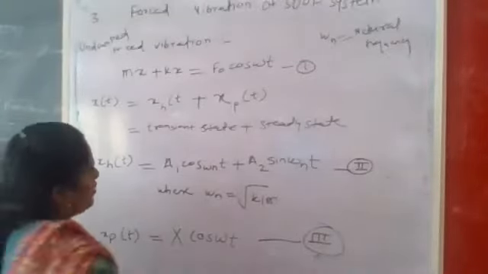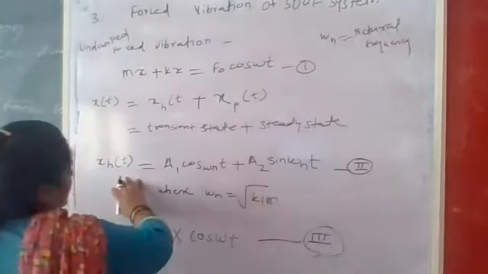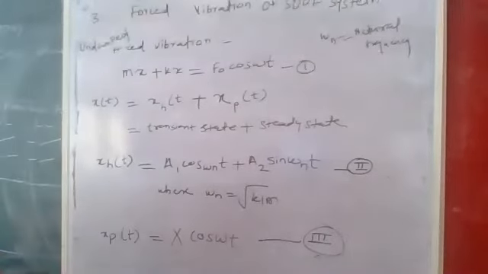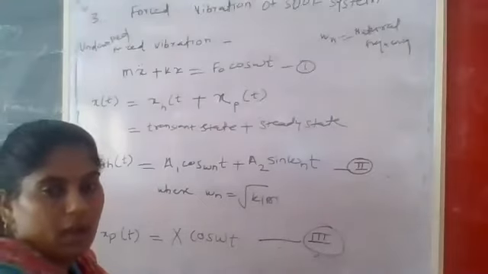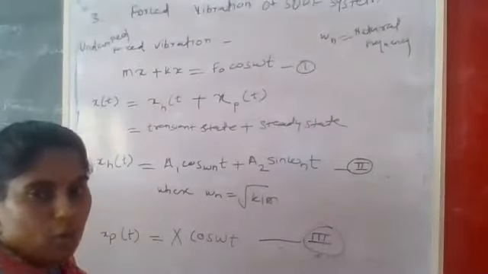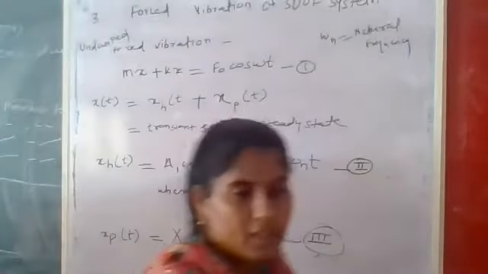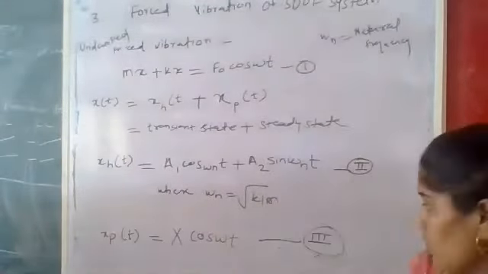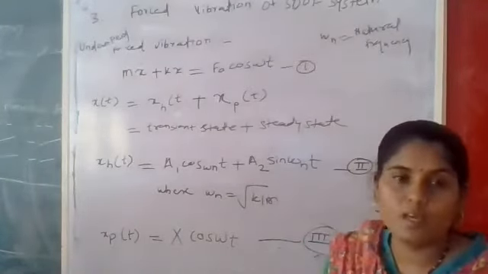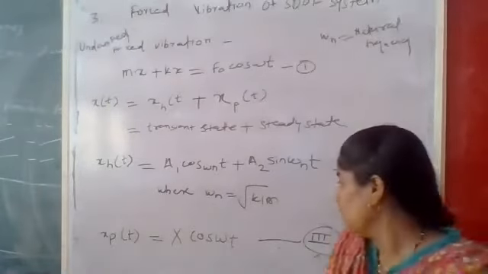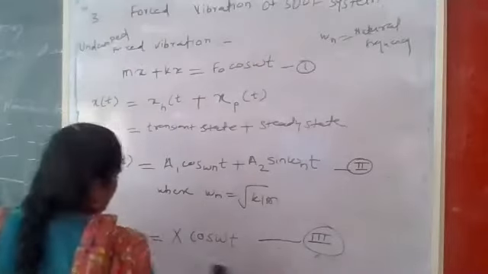The second one is for xh of t, the harmonic part with respect to steady state, a1 cos omega nt plus a2 sin omega nt, where omega n is equal to root of k by m. And the particular integral with respect to transient state is xp of t equal to x into cos of omega t, where omega is the forced frequency. So based on this, we'll start the solution of this xp of t.